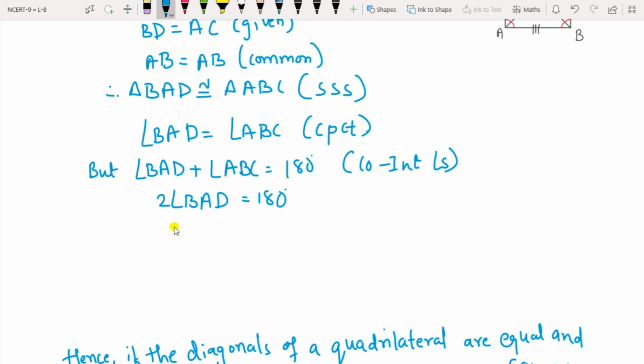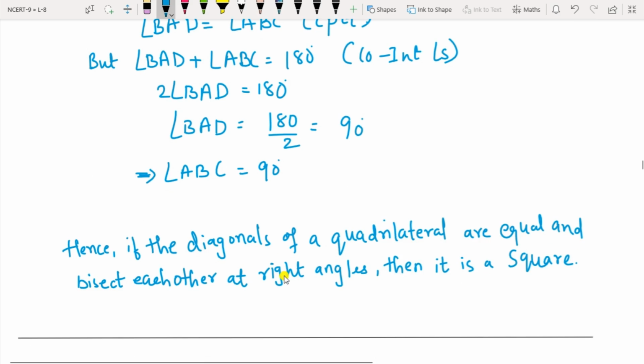So angle BAD is 180 by 2, that is equal to 90 degrees, and therefore angle ABC will also be equal to 90 degrees. Hence if the diagonals of a quadrilateral are equal and bisect each other at right angles, then it is a square.